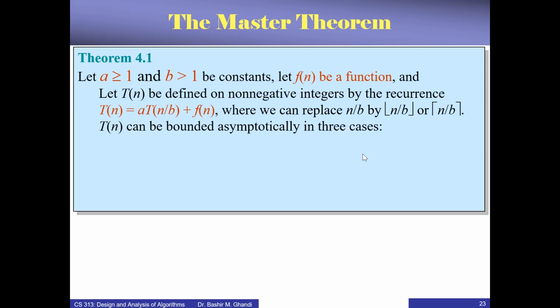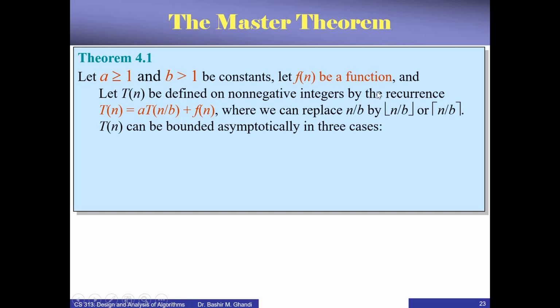So the master theorem states: let a be greater than or equal to 1 and b be strictly greater than 1, constants. So a and b are constants.